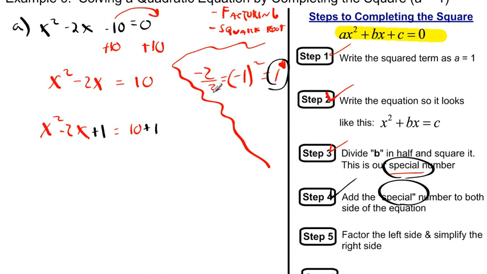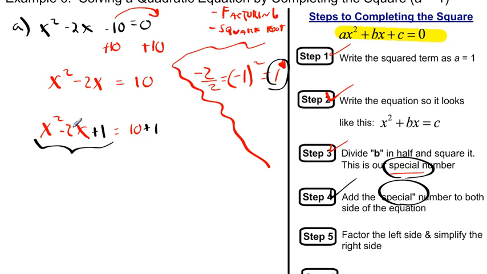When I added 1 to the left side, this became a special type of trinomial. You actually learned about these kinds of trinomials in the last class, Math 95, I believe in chapter 6. Do you notice what kind of trinomial this is? This will always happen, by the way. That's why it's our special number.